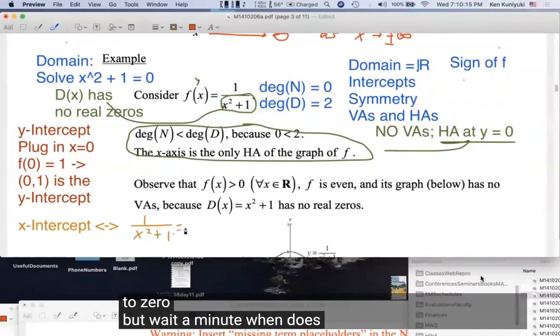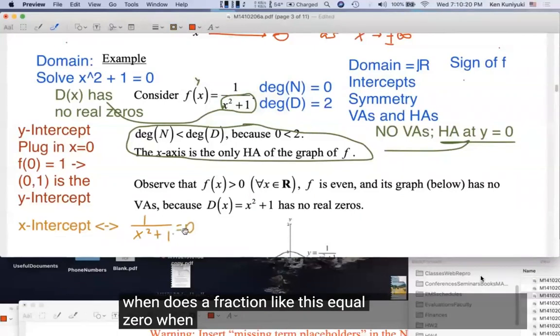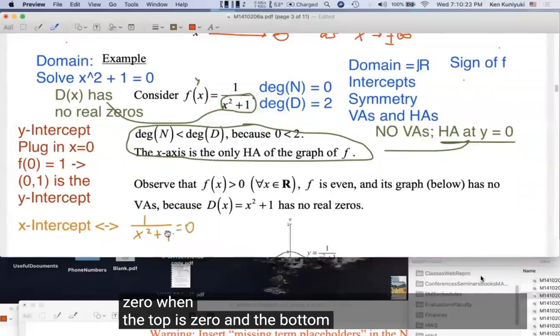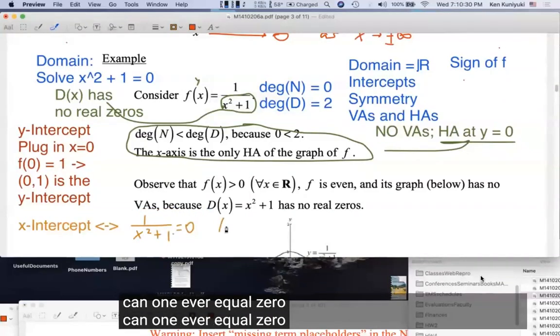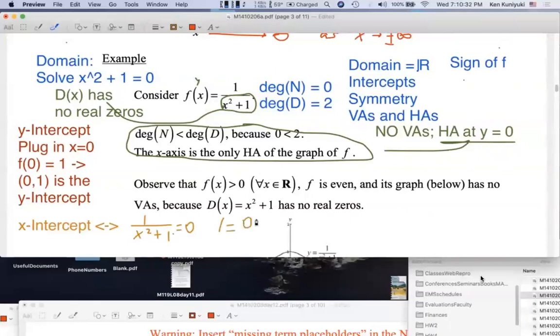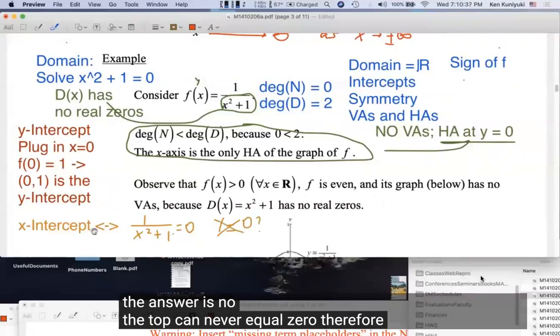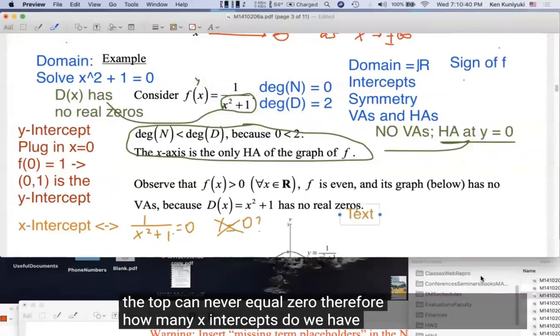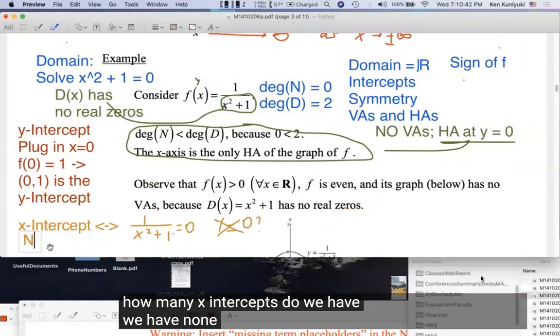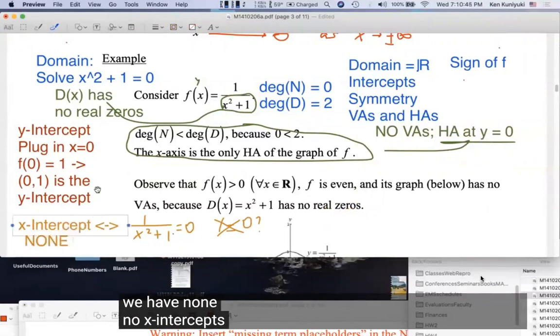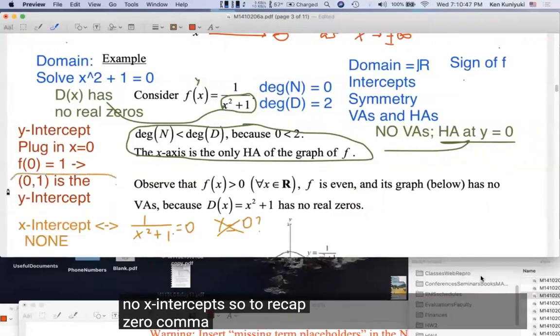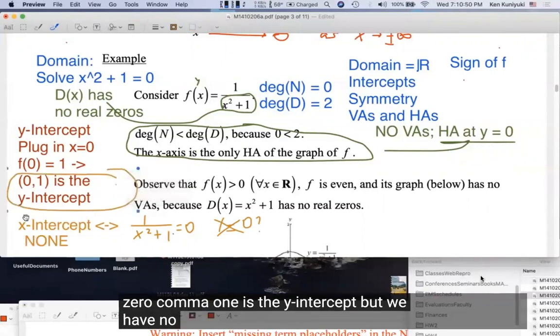But wait a minute. When does a fraction like this equal 0? When the top is 0 and the bottom isn't. But wait a minute. Can 1 ever equal 0? The answer is no. The top can never equal 0. Therefore, how many x-intercepts do we have? We have none. No x-intercepts. So to recap, 0, comma 1 is the y-intercept, but we have no x-intercepts.